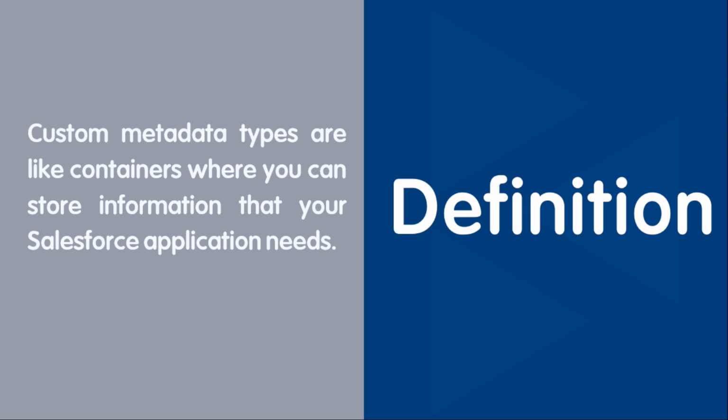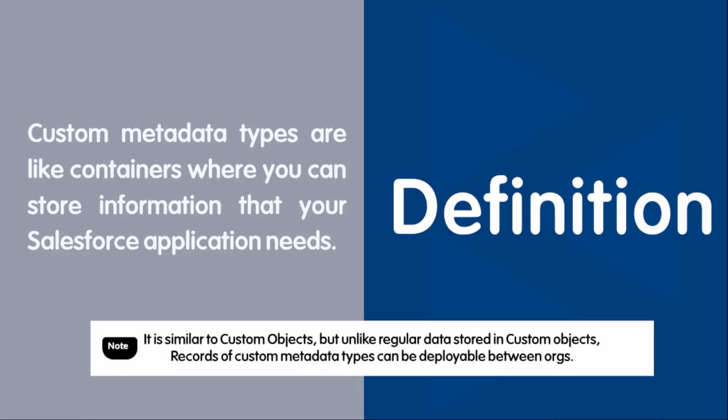So now moving on to the definition. Custom metadata types are like containers where you can store information that your Salesforce application needs. Moving ahead, it is similar to custom objects, but unlike regular data stored in custom objects, records of custom metadata types can be deployable between orgs.